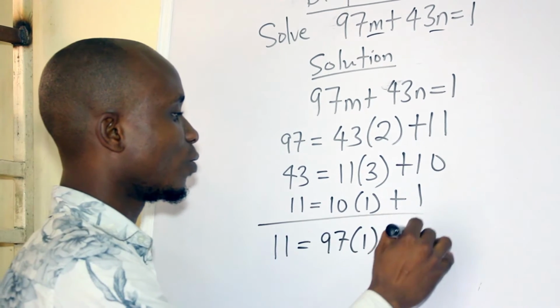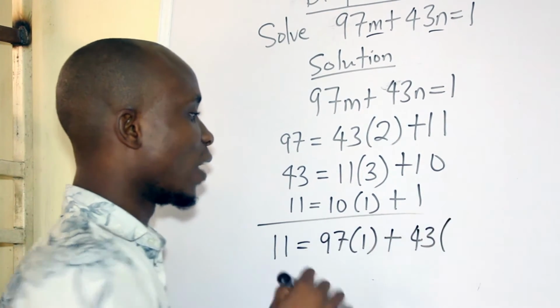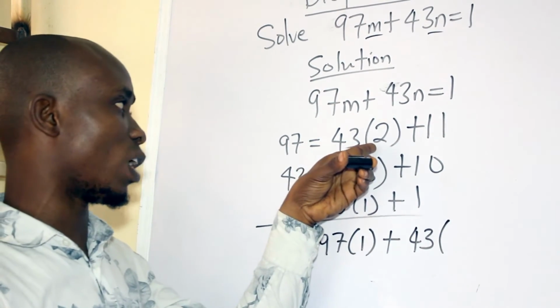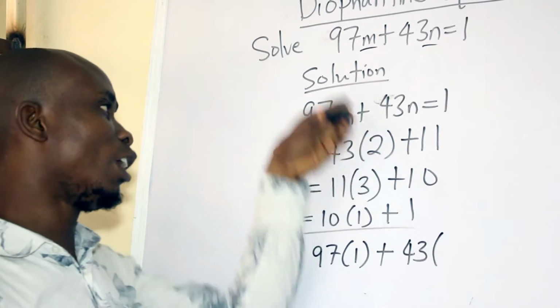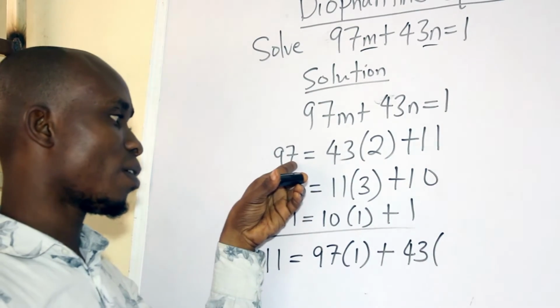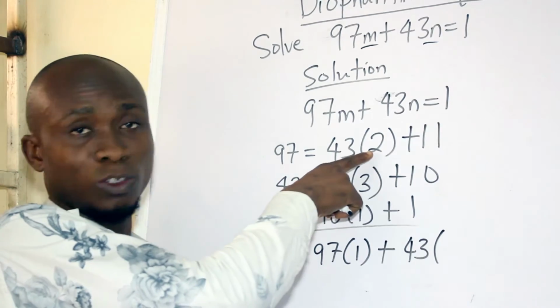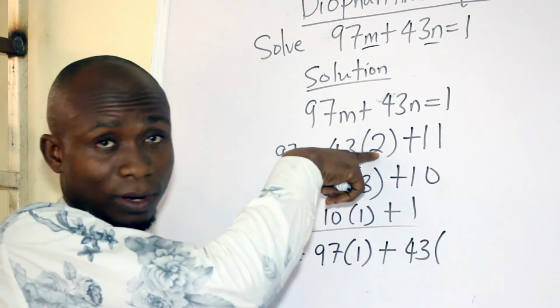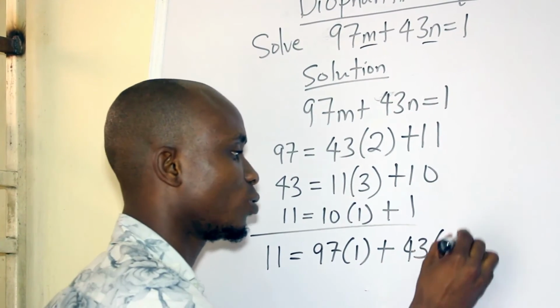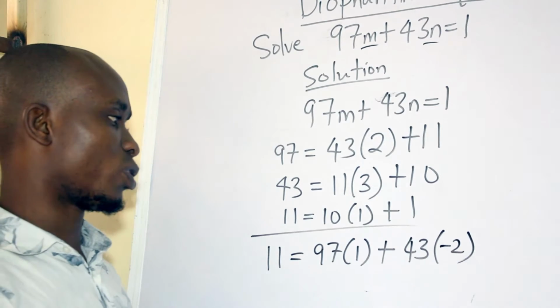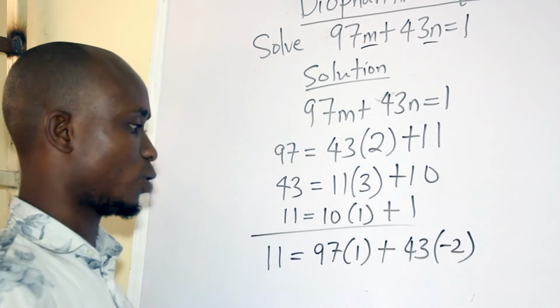Plus 43. Now the negative sign, 43 was supposed to assume a negative sign if it meets 97. But the negative sign is going to be placed with the number in parentheses. So it is going to be minus 2. Of course, this is like having minus 43 times 2.